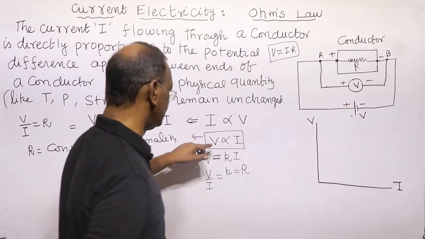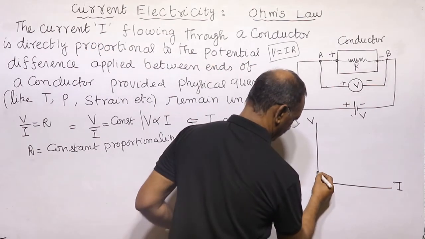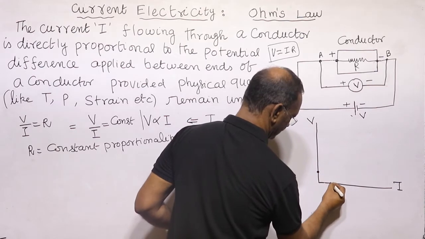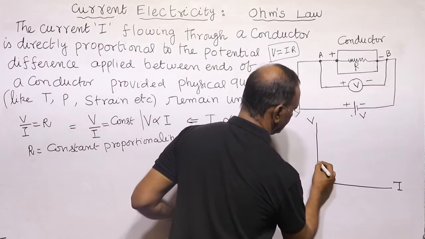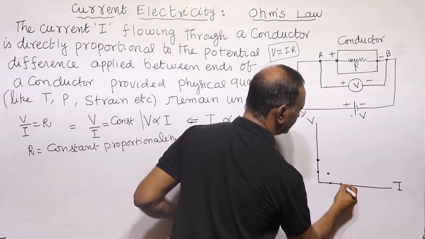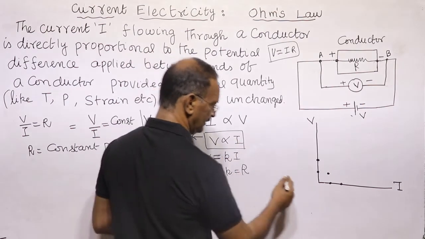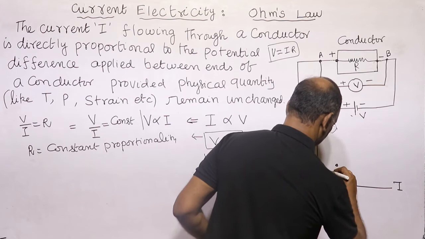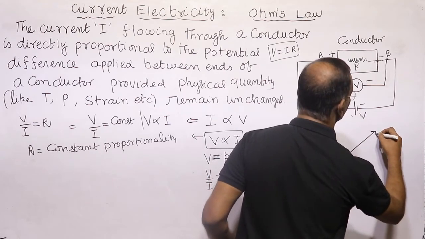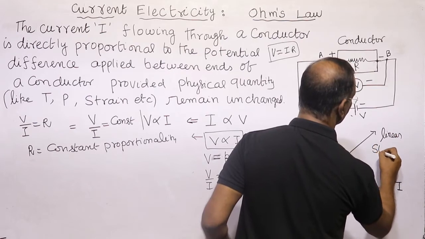Since the applied potential is proportional to I, as much as we increase the voltage, the current will increase by the same proportion. If you plot these points, the graph will be linear, that means a straight line.